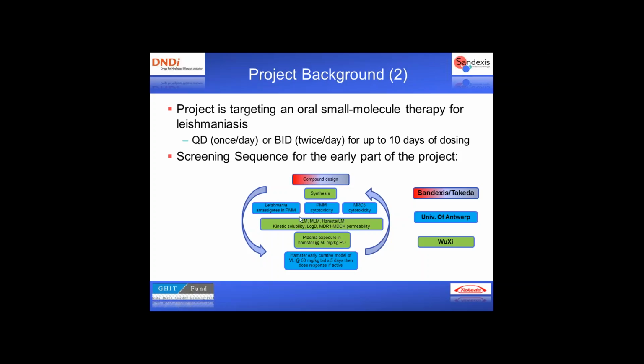And then really it's the analysis of all of this information to determine whether the compound goes forward into the hamster early curative model of VL, typically at 50 mg per kg twice a day, but then you'll see some examples where we've actually changed that dose, and then we'll decide whether the compound's active or not. And if it is, then you'll see later on, when we talk about the PK tool, how we've taken some of those compounds forward.